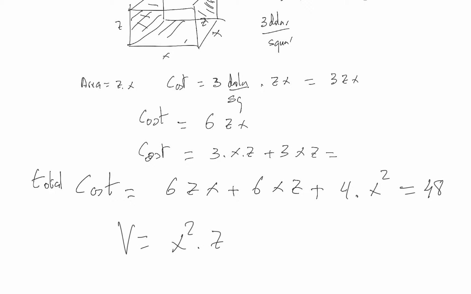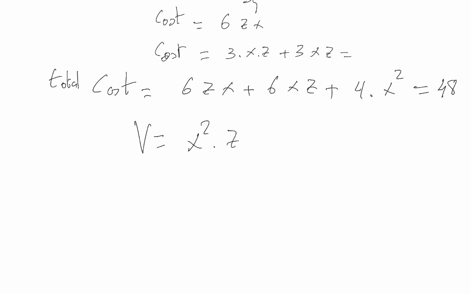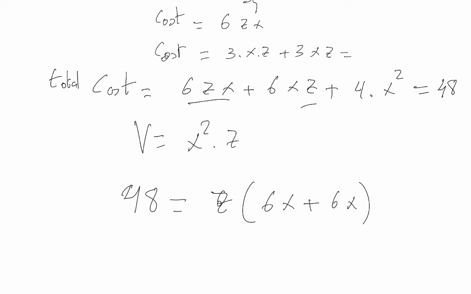But I don't know c. Let's go to find c. The cost is 48. I'm working with this equation: c multiplies 6x plus 6x plus 4x squared.